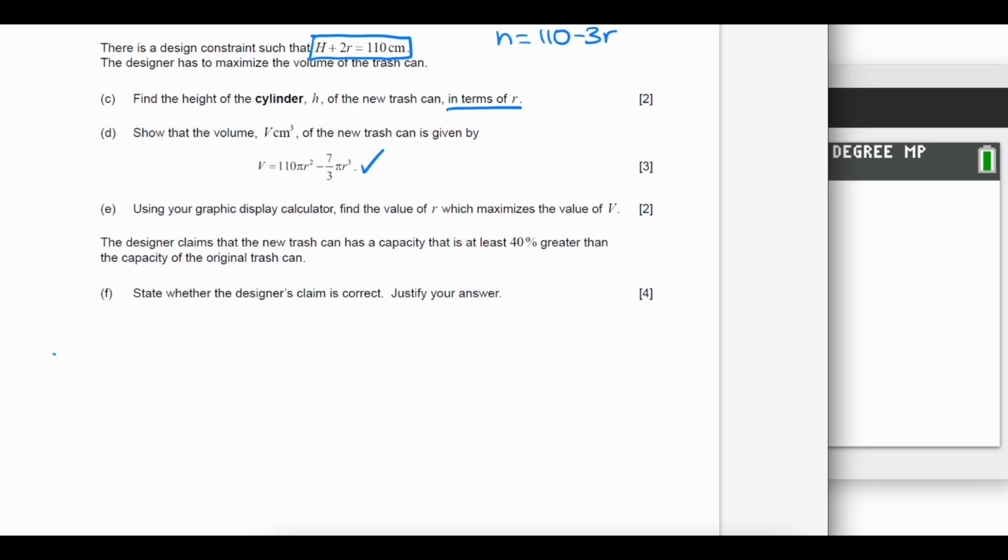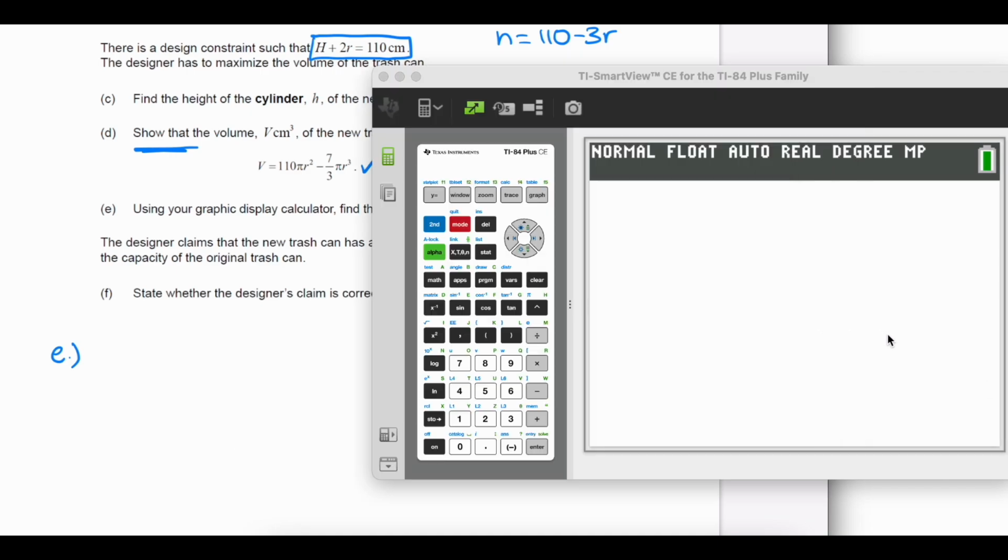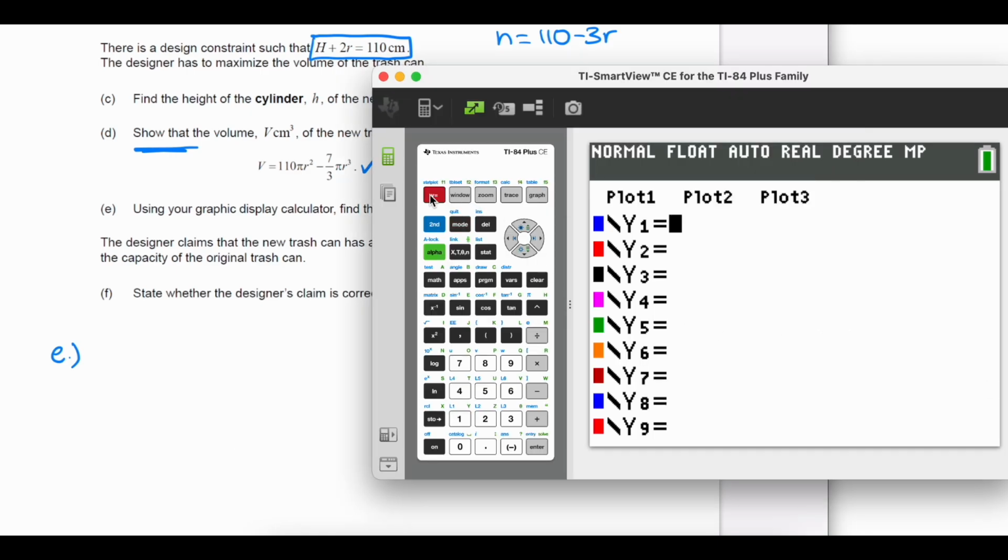So for E, we can still do this part. We're using the graphic display calculator, our GDC, to find the maximum value of V. So because it's always a show that means that you can continue the question. So I'm now going to go to my calculator and I'm going to plot this equation. So I have 110 times pi times r squared.